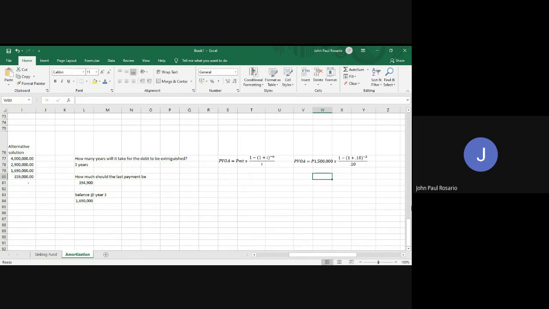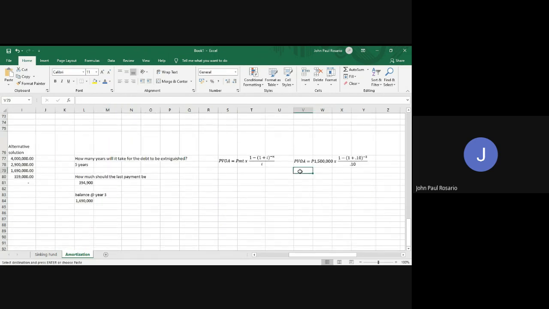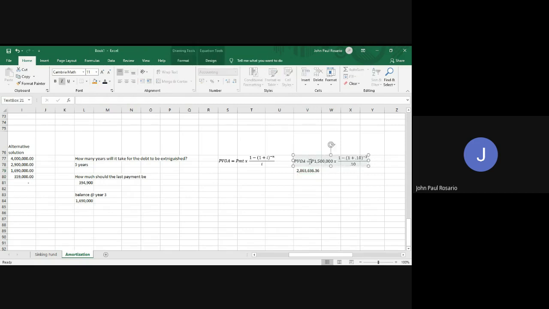Let's use this. Where is it? Year 3, yeah. So instead of this one, I'm going to use 1,500. Okay, so it's short. Meaning, I have to increase my number of years. So let's go to 4.